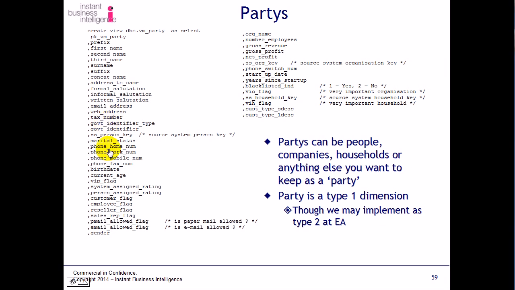We now have got Facebook and LinkedIn links and things like that. Government identifiers, phone home numbers, mobile numbers, work numbers, birth date, age, VIP, your system assigned rating. We calculate the value of the person as assigned by the system, and we actually have a person assigned rating as well, where one of our staff can assign your rating.